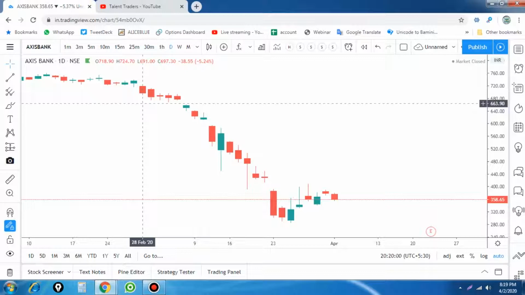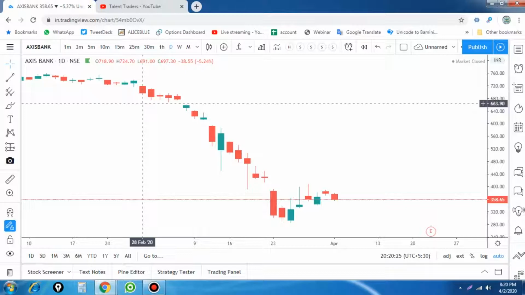The long legged doji, or high wave doji, is formed when the open and the close are at the same price during a large average daily range. That simply means there is a big range between the high and the low, but the open and close prices are equal, ending at the same level. That is what we call a long legged doji.